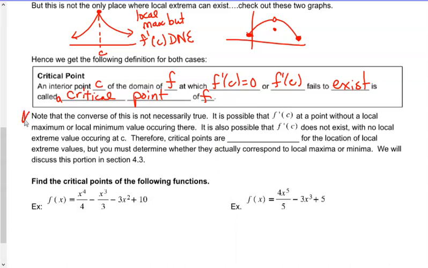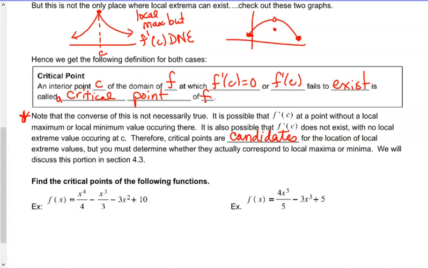Now, here's the thing to note. Note that the converse of this is not necessarily true, because it is possible that f prime of c equals 0 or f prime of c does not exist at a point without a local max or min occurring there. Therefore, critical points are what we refer to as candidates for the location of a local extreme value.